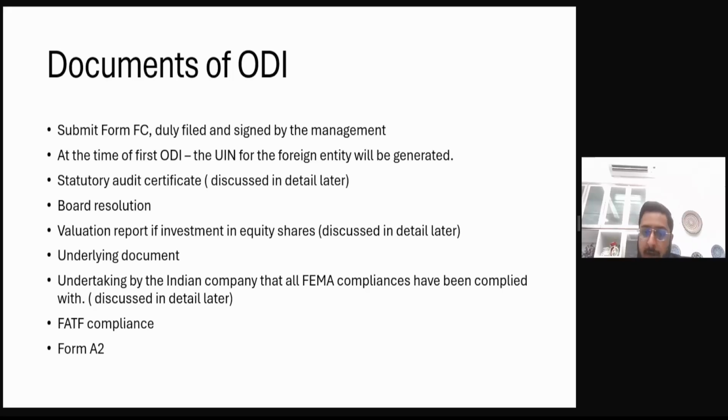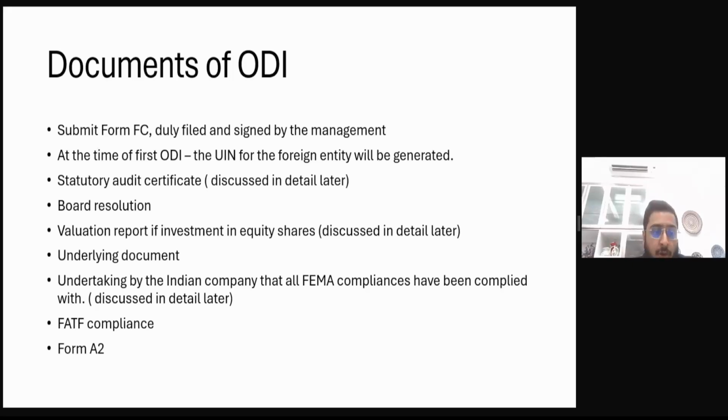You can also use your net worth method, where of course any property should be taken at the stamp duty value. Or you can also do a comparable market method. So these are the methods which are available: DCF method, net worth method, and comparable market method. You can use whichever is more suitable. Basically, the law says it should be at the fair value, as arrived at by internationally accepted methods for this particular transaction.